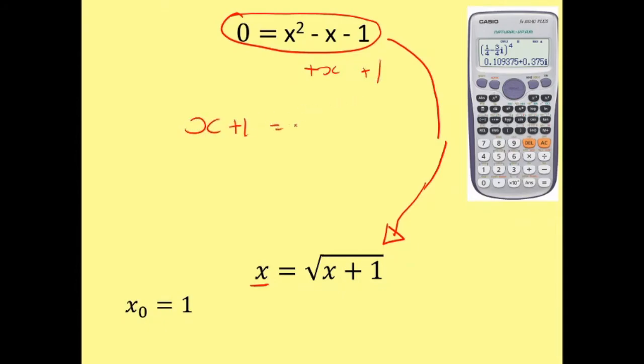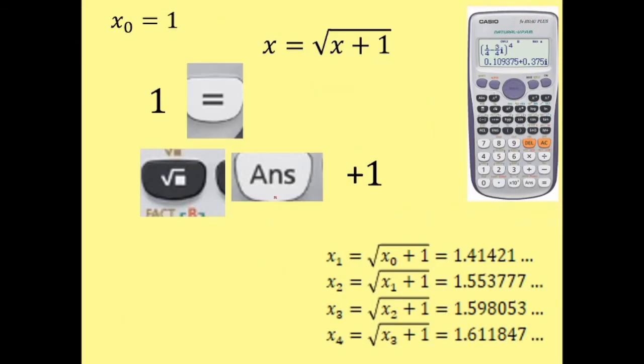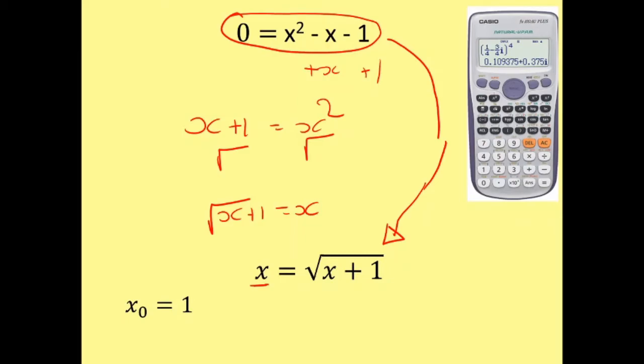So I've got x plus 1 equals x squared. I'm going to square root both sides. Now I've got the square root of x plus 1 equals x. That's normally always your first choice. Now if I wanted to solve this by iteration, my solution is actually the 1.61 answer here, right in the bottom right. And that's how we can solve by iteration. It will only give you one answer, and this one here should give you two.